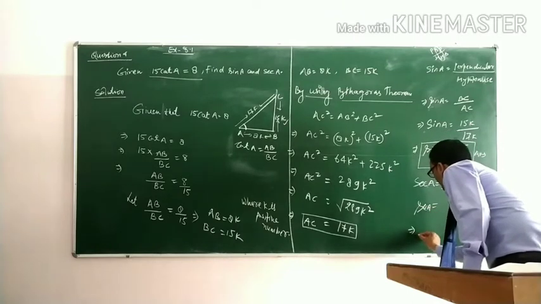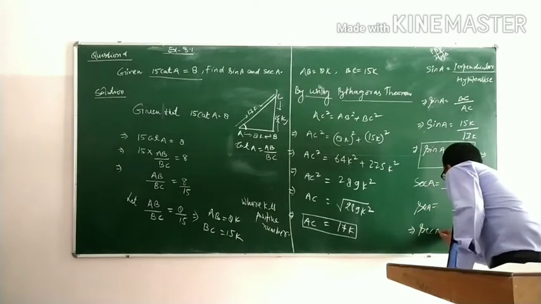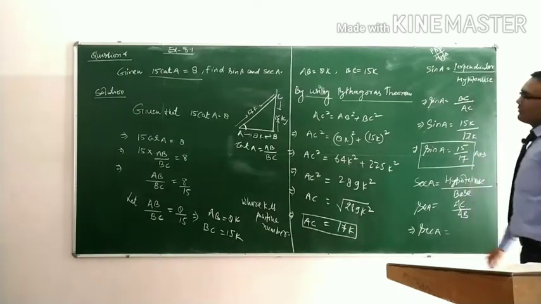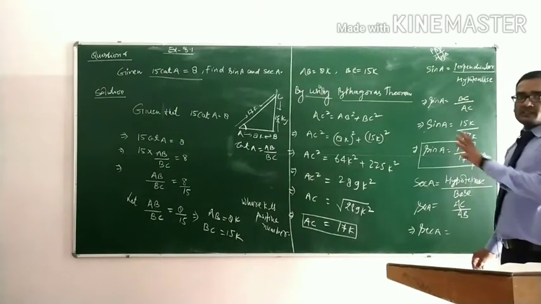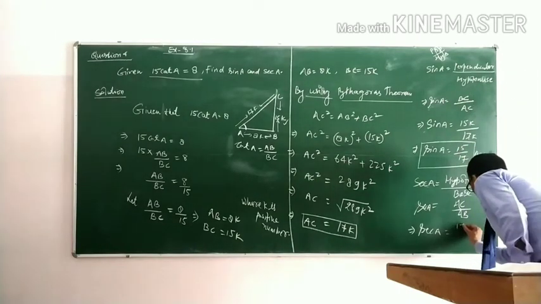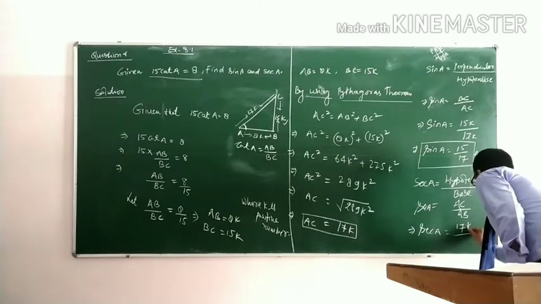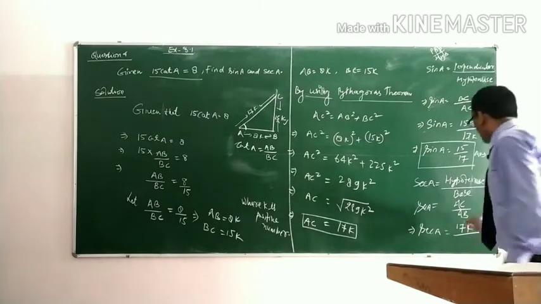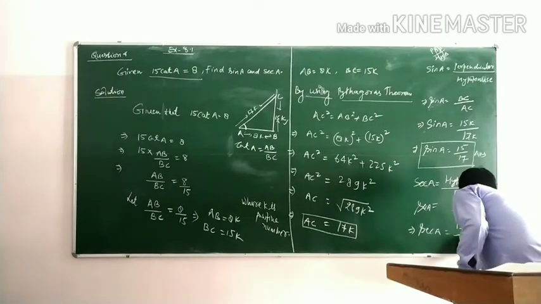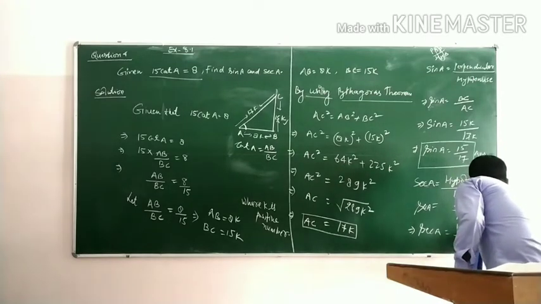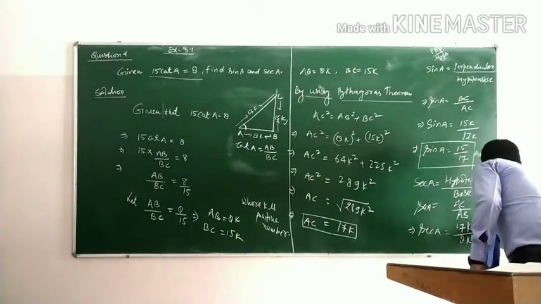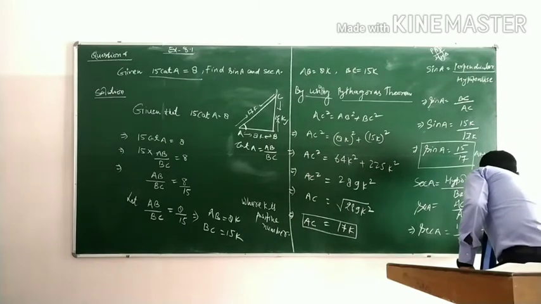AC is 17K and the value of AB is 8K. This equals 17/8.